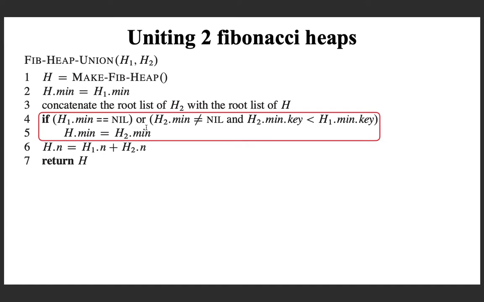Or h2 is not empty, that is, there are some nodes in h2, and the minimum key value of h2 is less than the minimum key value of h1. That means this assumption is wrong. Actually, in min you should get h2.min, and that is what you are doing here. Maybe you can do it the other way, that's up to you. This is what the author is saying.